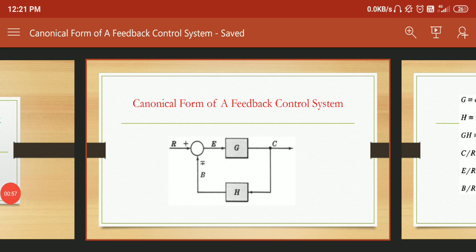This is the block diagram of canonical form. In this block representation, R is the input, that is, R is the reference input. R is for reference and R is input. Then E represents error.